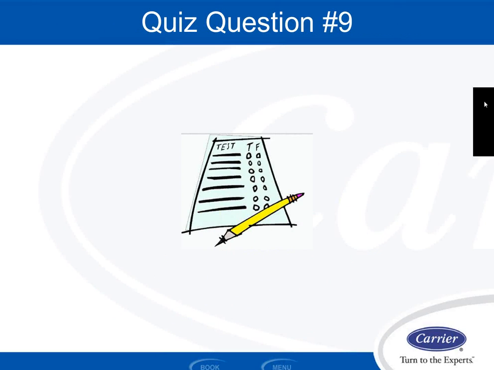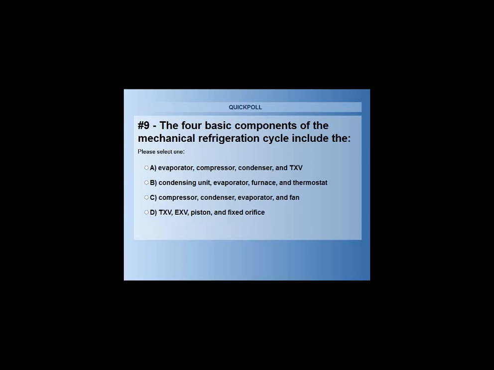All right, let's do quiz number 9. Let's check the time. We're doing okay on time. Quiz question number 9. The 4 basic components of a refrigeration cycle include: A, evaporator, compressor, condenser, and TXV.